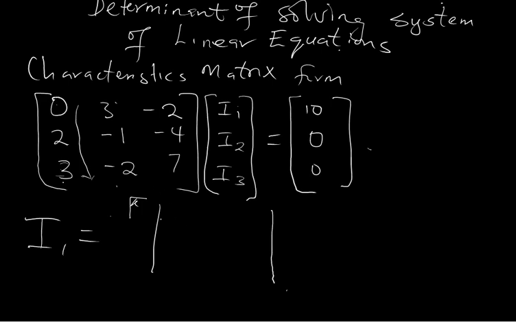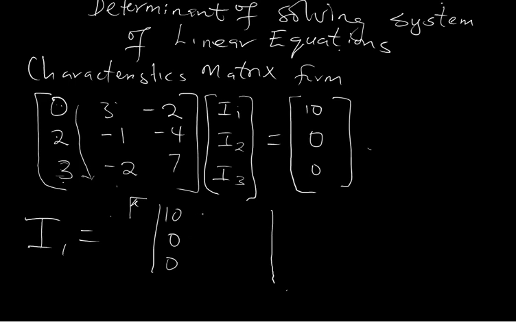So I write the determinant of this matrix, replacing the first column, since I'm looking for I1, by the constant matrix 10, 0, 0.